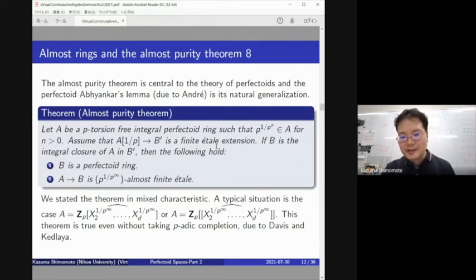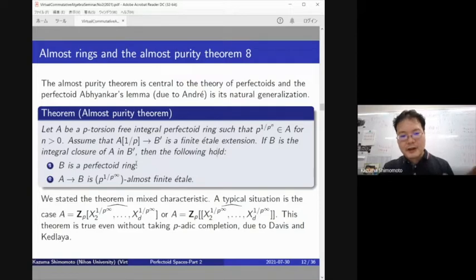It's connected with the classical Zariski-Nagata purity theorem because it says some equivalence of categories of finite étale algebras over A localized at P, and the category of almost finite étale algebras over A. This is actually the modern counterpart of the classical Zariski-Nagata theorem.